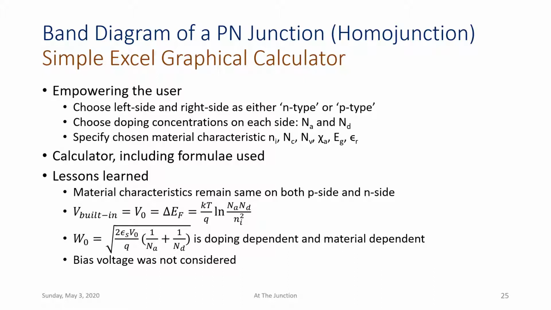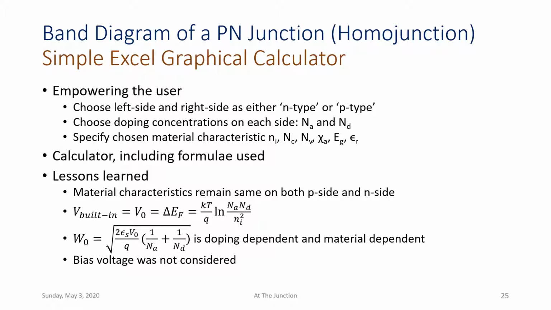And the width of the depletion region at equilibrium, because of the built-in potential V naught, is given by the expression of W naught. And this is doping dependent.